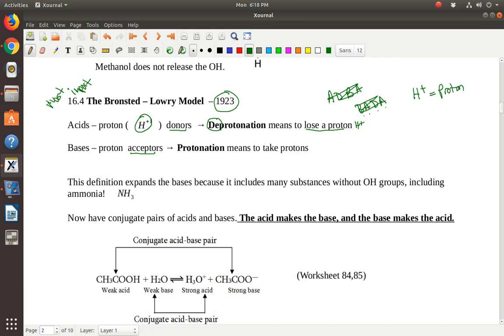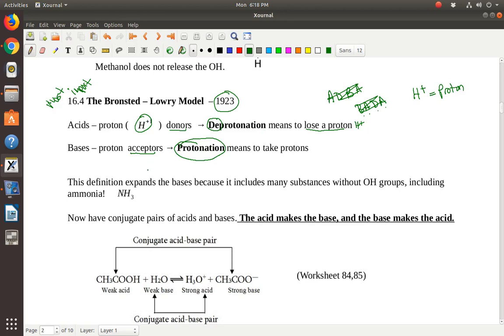They deprotonate. They lose it, like when you're dehydrated, you lose water. Bases are proton acceptors. They gain it. That's called protonation. Just like hydration is gaining water, protonation is gaining protons. Deprotonation is losing protons, just like dehydration is losing water.